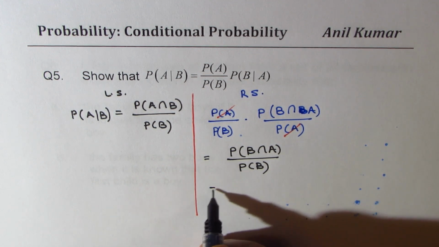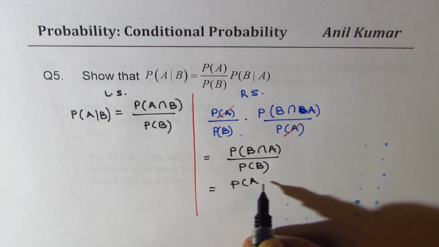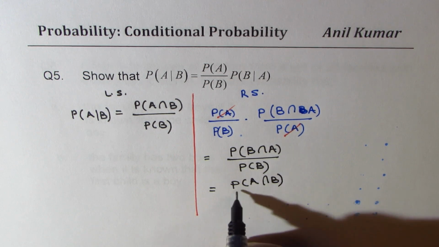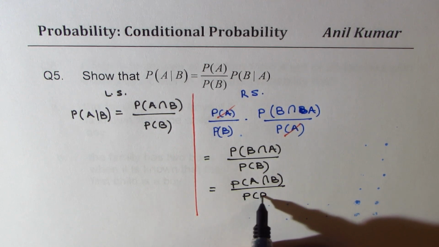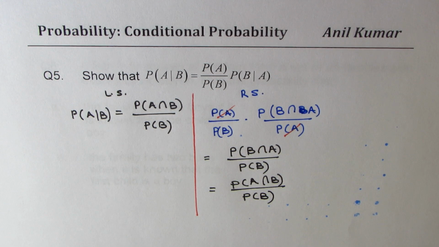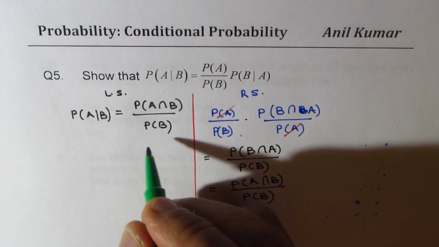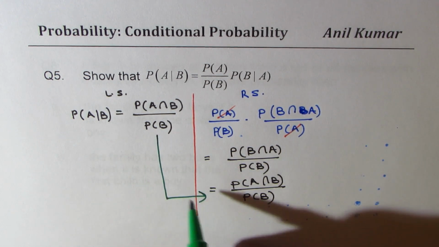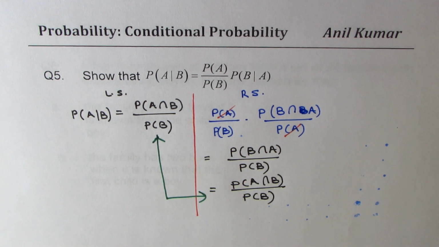So it could be written as probability of A intersection B divided by probability of B, correct? So we see that both are same, right? So this is what we began with. So they are both equal. Perfect. So this formula can be actually interpreted in many different ways.